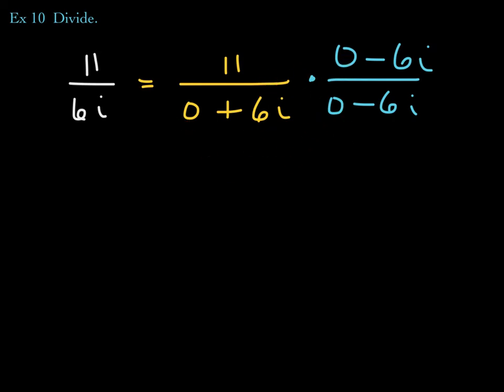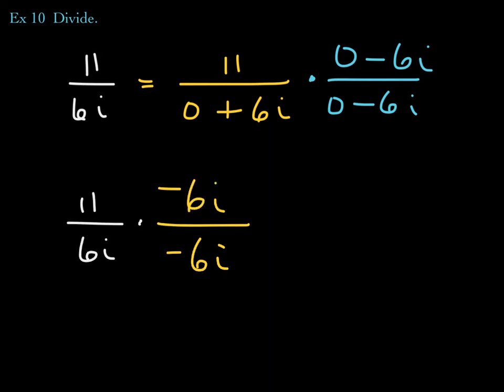So in other words, 11 over 6i can just be multiplied by, if you just drop the zeros, negative 6i. So that's simpler without having to write all of these zeros here. You can do this whenever the denominator is just pure imaginary.